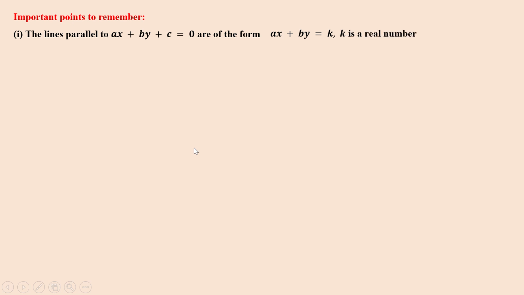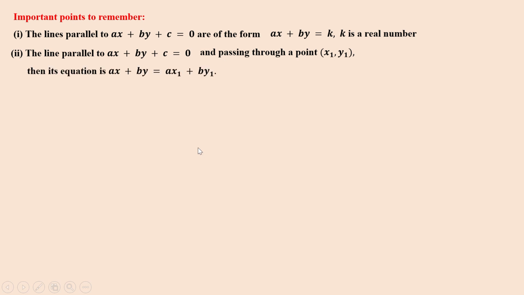So next, some important points to remember. It is very useful to solve the problems, right? The lines parallel to ax plus by plus c equal to 0 are of the form ax plus by equal to k, k is a real number. Second one, the line parallel to ax plus by plus c equal to 0 and passing through the point (x1, y1), its equation is ax plus by equal to ax1 plus by1.